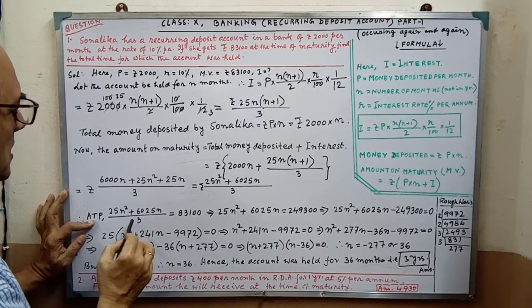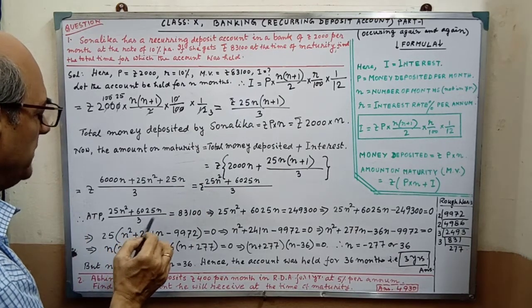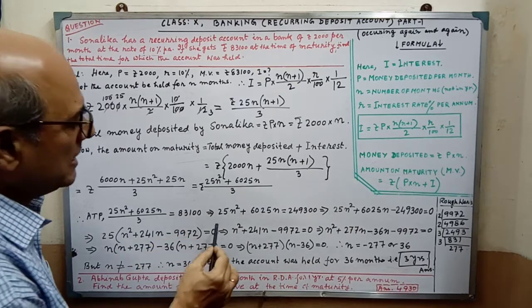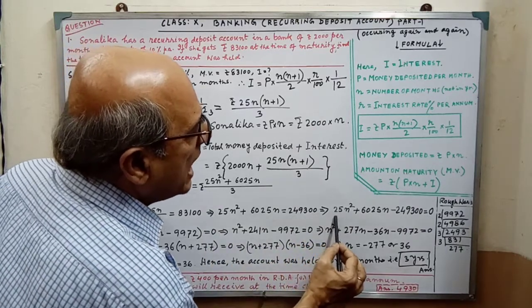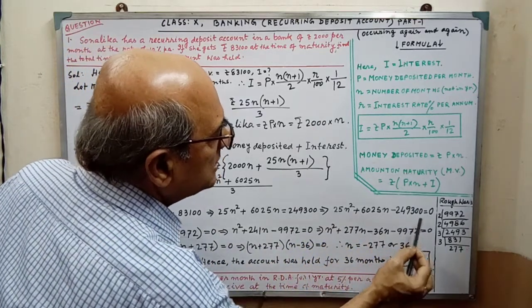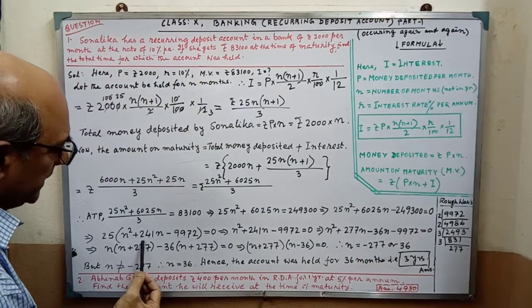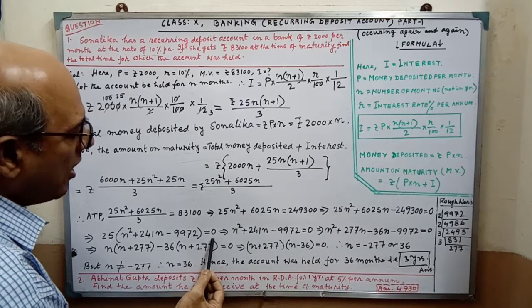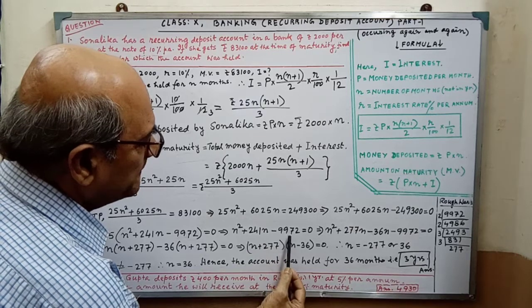So, 25n square plus 625n by 3 equal to 83,100. By cross multiplication and simplification, we have to take the common 25. After taking common 25 and taking 25 on right hand side, we are getting this expression.